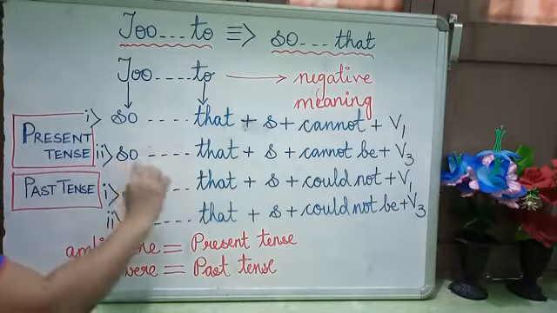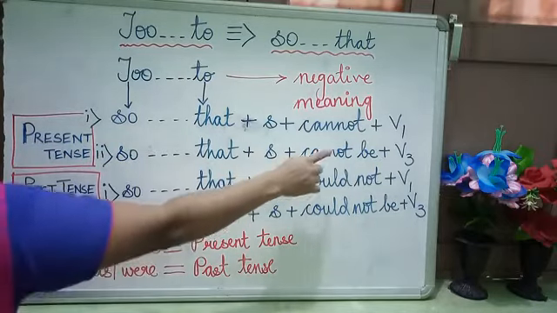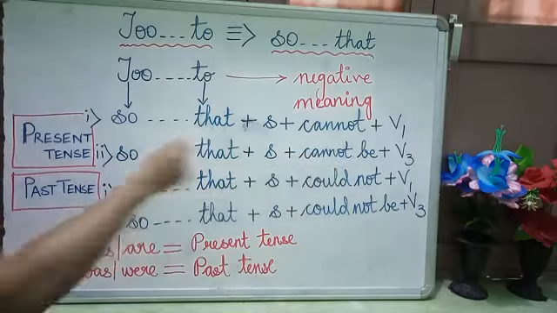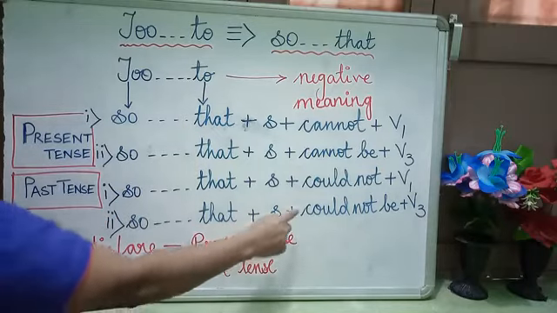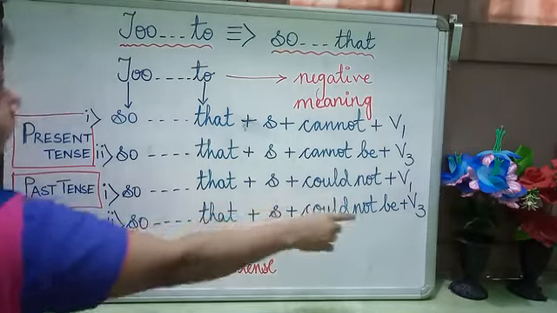For present tense you will use "so that" plus subject plus "cannot be" plus verb 3. Similarly, for past tense you will use "so that" plus subject plus "could not be" plus verb 3.